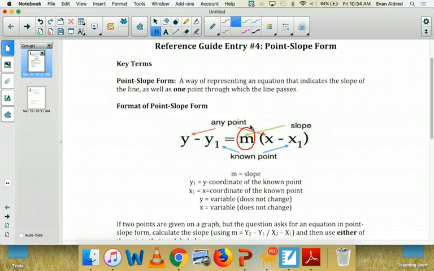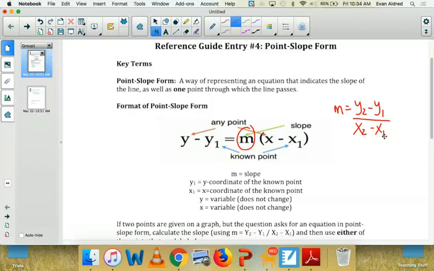M is still your slope. You'll still calculate m the same way, y2 minus y1 over x2 minus x1. You may need to calculate slope, you may not. It will depend on the question and whether you can count or you have to calculate slope. But regardless, that's the same as it's always been.